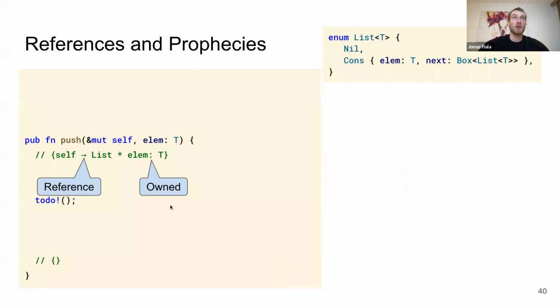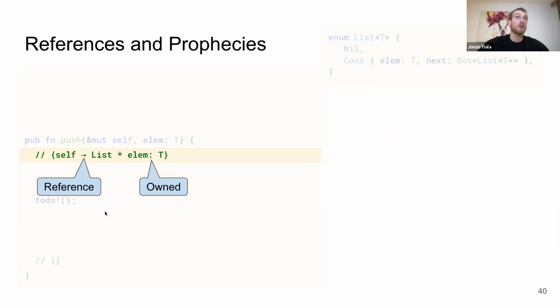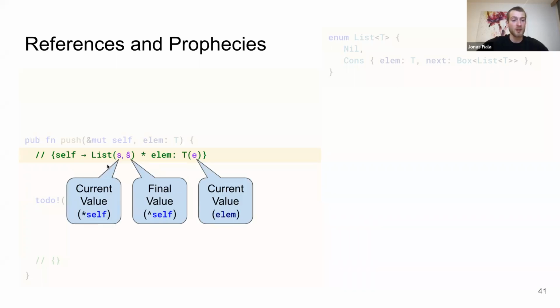Here, I just want to point out that now that we have the own things that we had before, but we also have references, I distinguish between them with this arrow here or the colon. What this means is that self is a mutable reference to the linked list here.